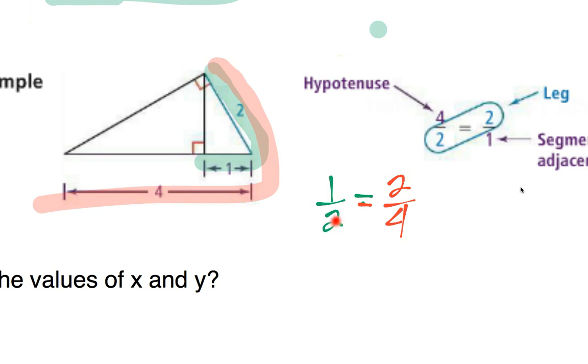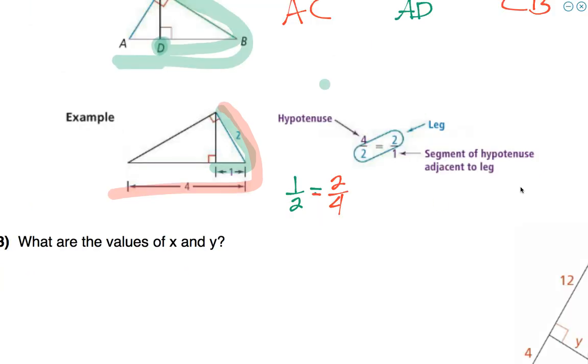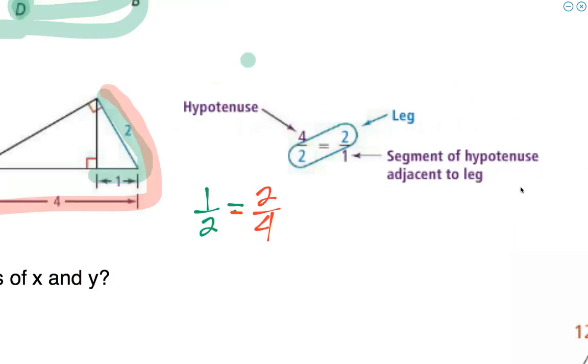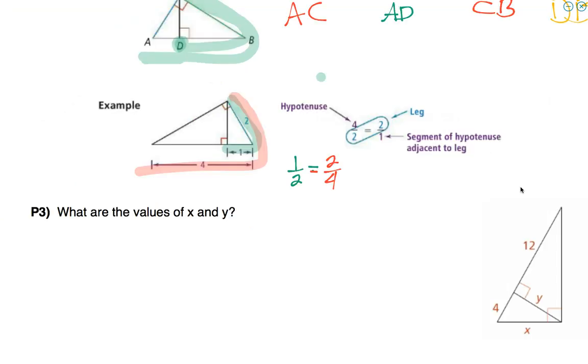Because it's a hypotenuse here, it's a leg up here. Notice how my proportion is different than theirs because it's just flipped. 4 over 2, 2 over 1, 1 over 2, 2 over 4. It's the same idea.